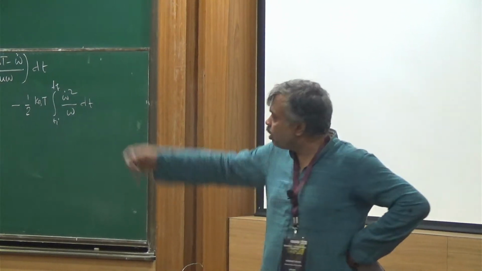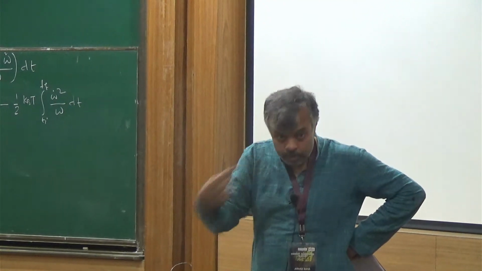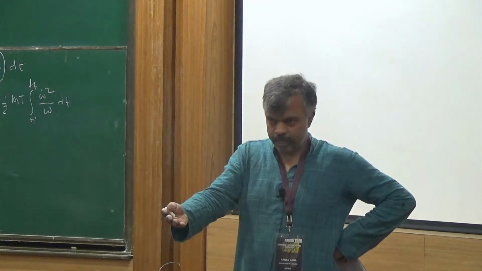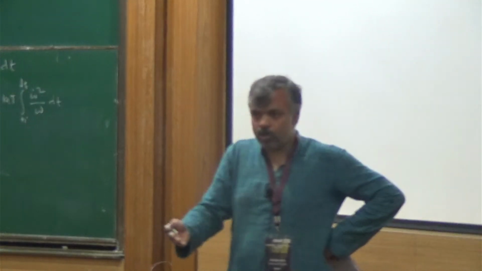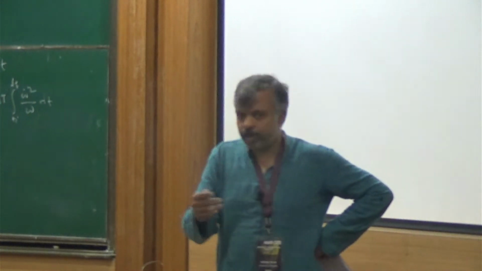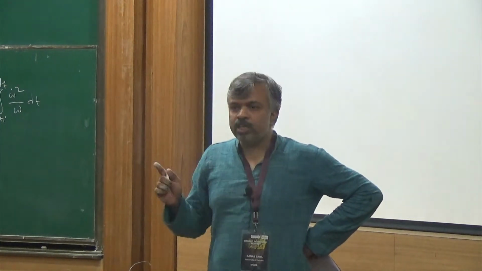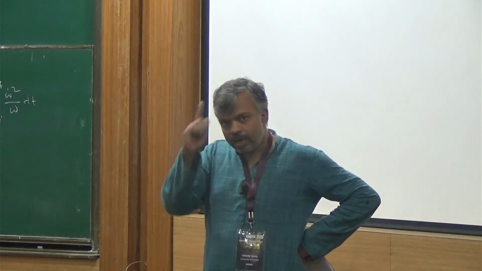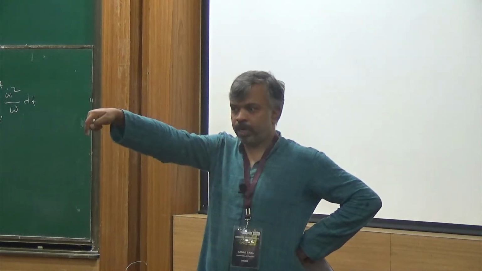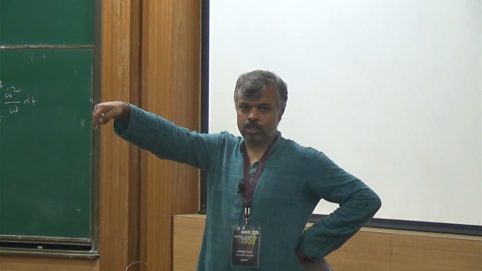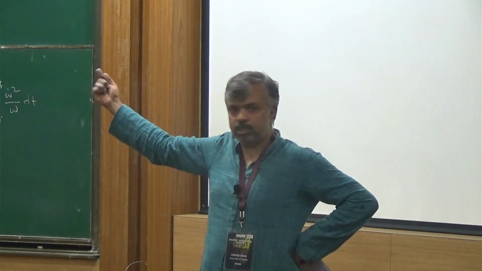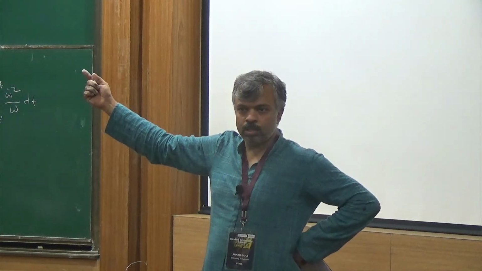In that sense, it is independent; lambda is your input to the system. But now I ask a slightly different question. I know that I can fix any lambda, but I don't want that. I want to fix one particular lambda which will optimize my omega. That's why this dependence is there.